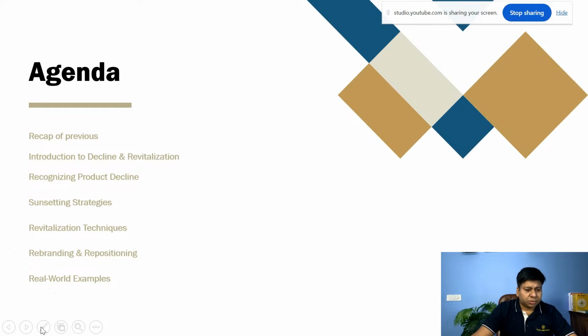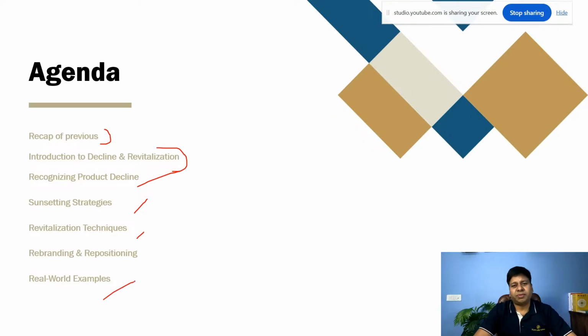In this session, we will have a quick recap of the previous sessions. We will discuss the decline and revitalization phases, and we will deep dive into them: the strategies, tools, and techniques. After that, we'll see some real world examples where organizations were able to revitalize, or were able to decide that it was the right time to decline.